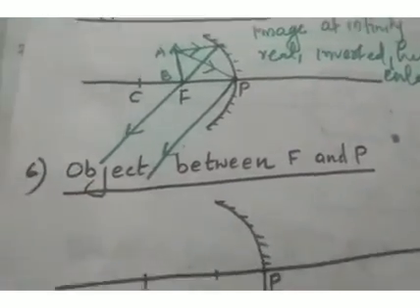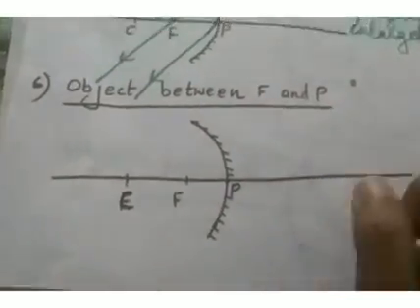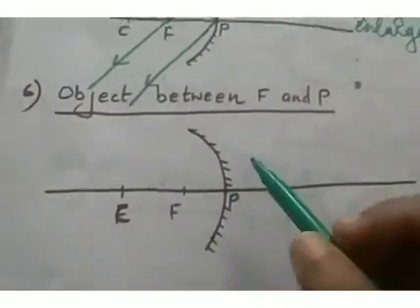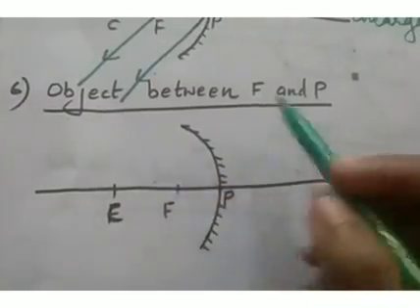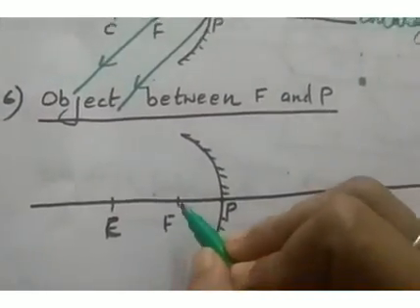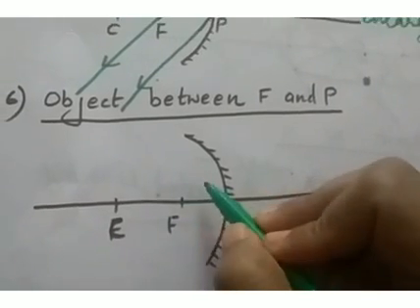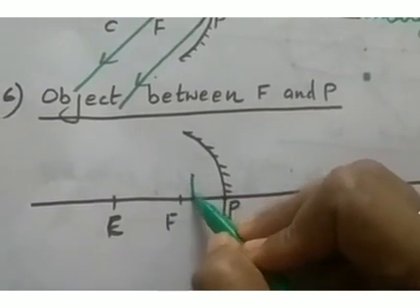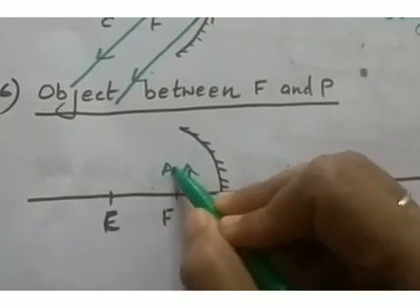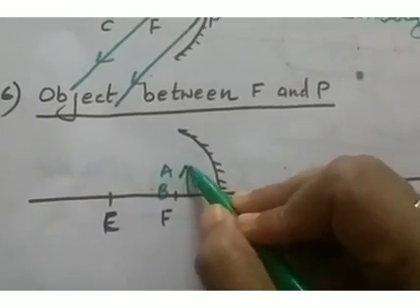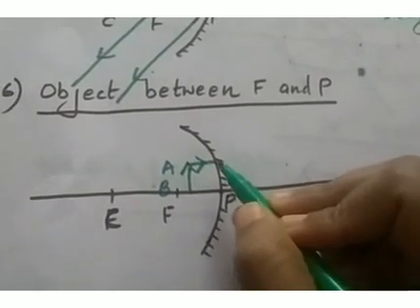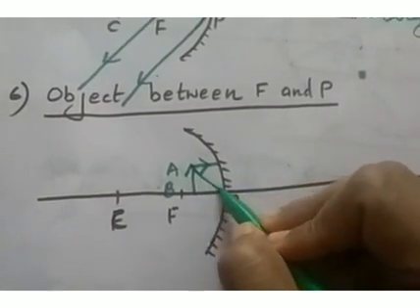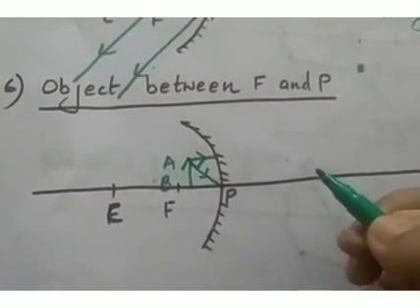Okay. Now, the last and very important position in the case of concave mirror, object between focus and pole. This is focus, this is pole. Object between focus and pole means this will be the position of the object. And one ray we can choose parallel ray, another ray we can choose the ray incident at the pole.